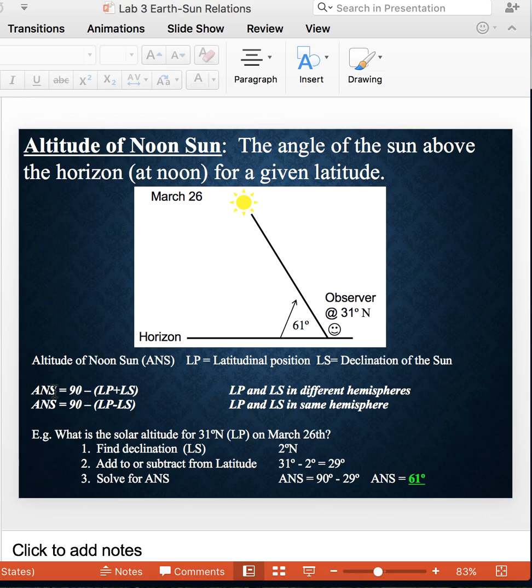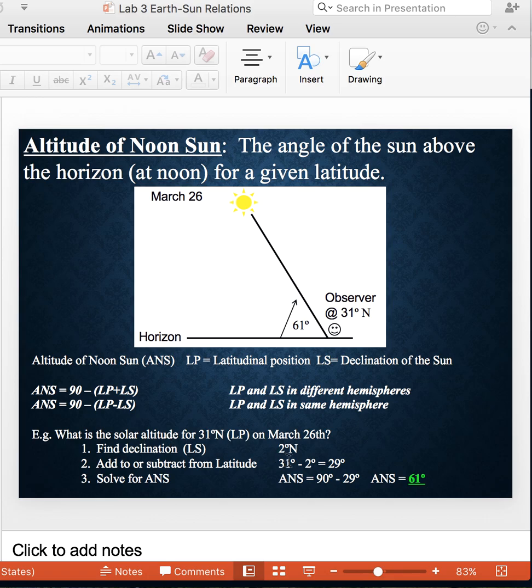That means we're going to use this problem to find our ANS. Versus if we're at 31 degrees north and it's like June, so the declination of the sun is pretty close to us, we would use ANS equals 90 minus LP minus LS. We would subtract instead of adding on the inside. Okay. So, there's an example.